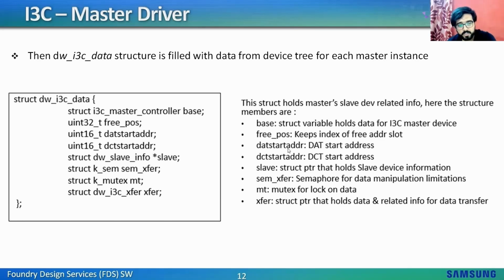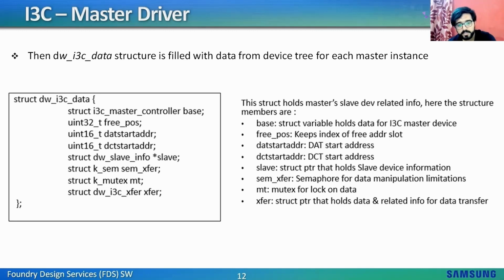This structure is mainly responsible for holding the master's slave device info. Here the structure members are the base member variable. This structure variable holds data for the master device. Then we have a free position variable.